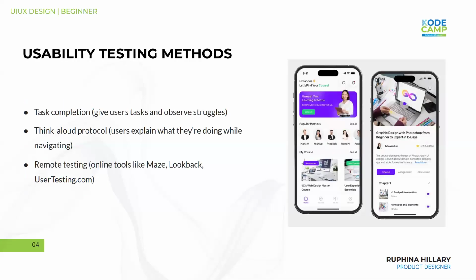Also in usability testing methods, there's something I did not touch here because we have done it previously: the Jakob Nielsen usability heuristics, right? We talked about this previously, when you come into an application, a website, a mobile app on your phone. There were 10 usability heuristics that we did.